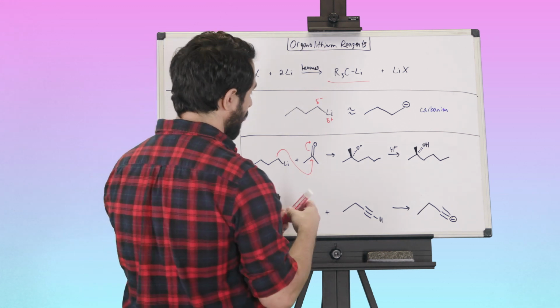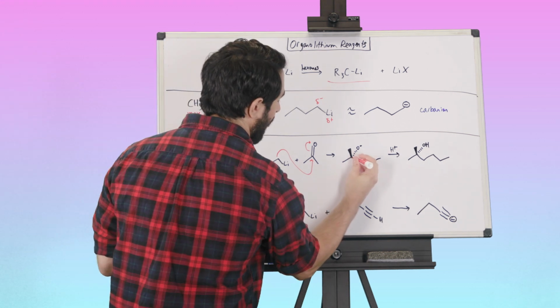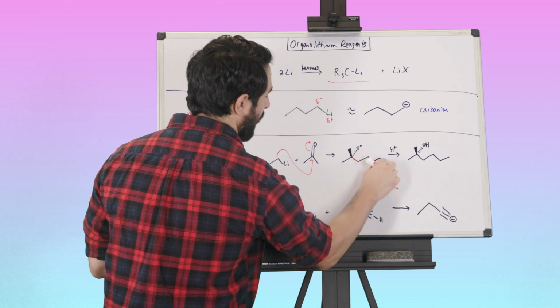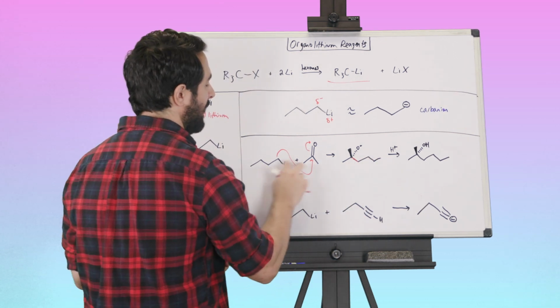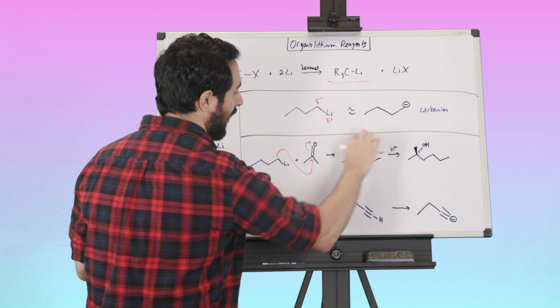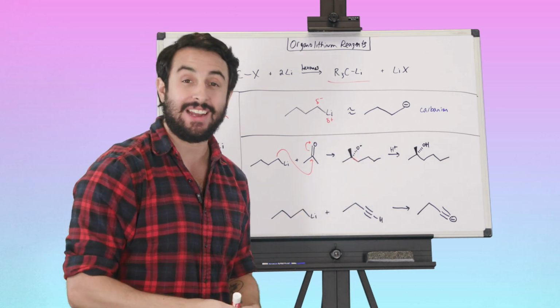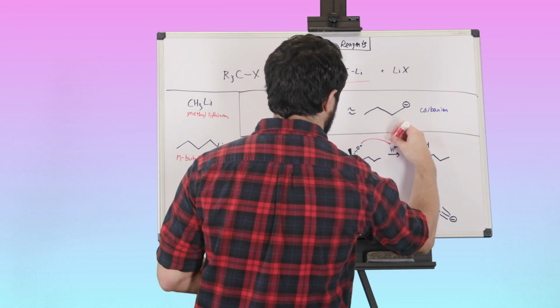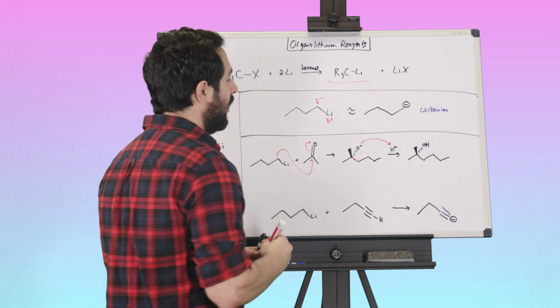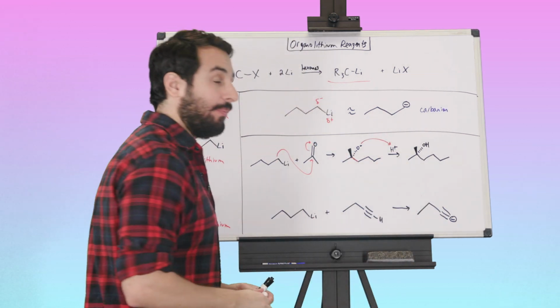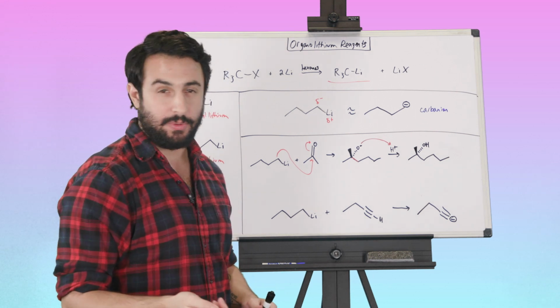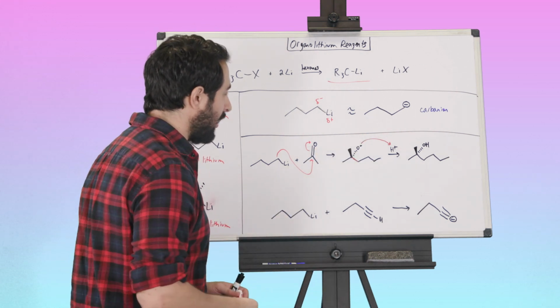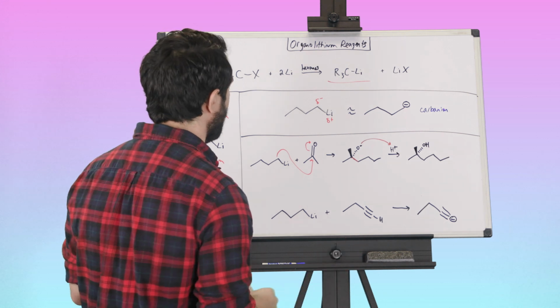And now this is the bond that was formed right here. We've got 1, 2, 3, 4 carbons, those 4 carbons, and then these 2 carbons are right there. And we've got that oxyanion. And then, of course, with any kind of acidic workup, ammonium chloride, what have you, we're going to be able to protonate and we're going to get our alcohol. So this is extremely similar to Grignard reagents. We could also do that with a Grignard reagent and might want to use this instead for various reasons.